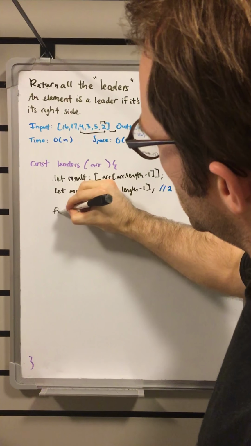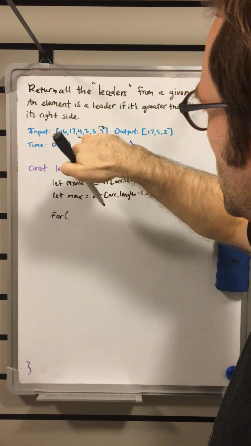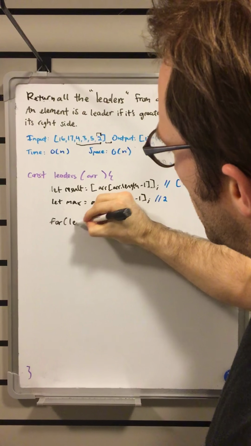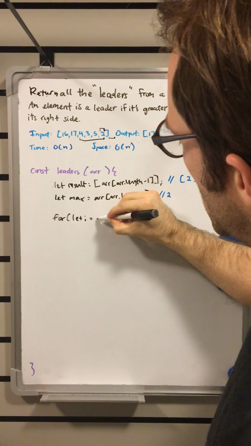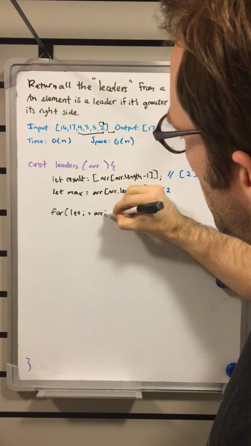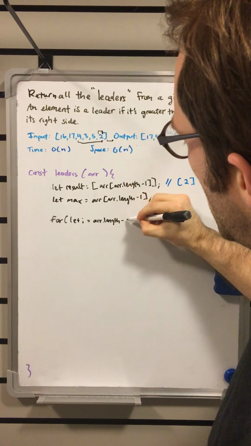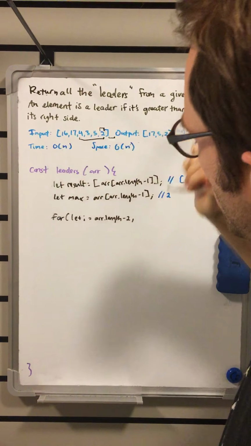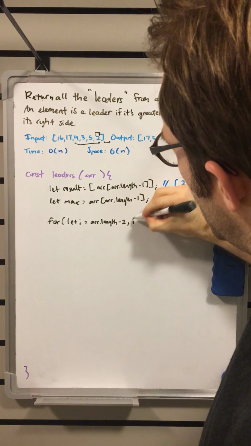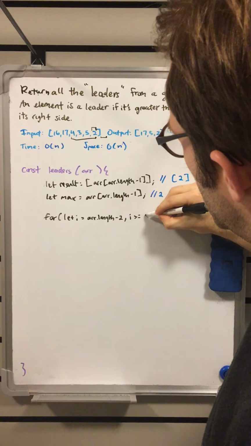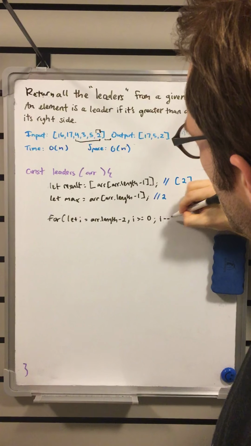And then we're basically just going to loop from the end of the array to the front of the array. So we're going to start at array.length - 2, so we're going to start at 5, and we're going to say, while i is greater than or equal to 0, we're going to decrement.